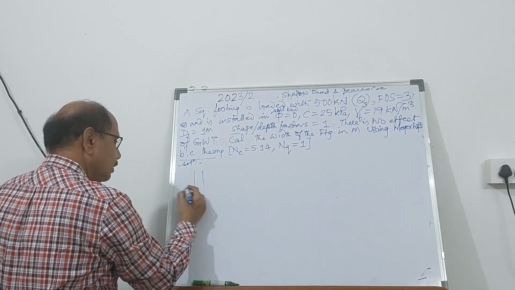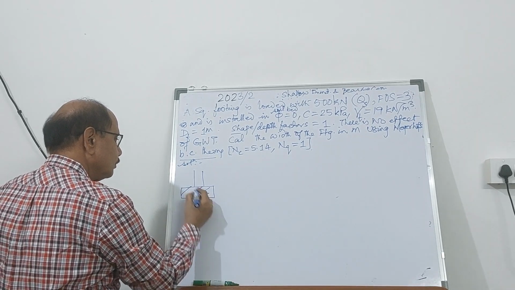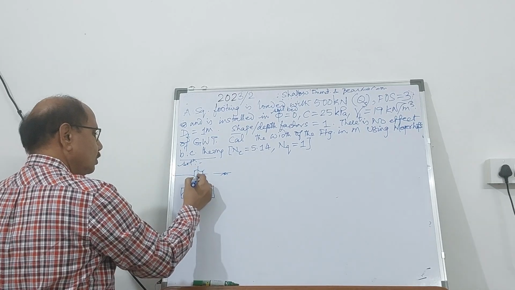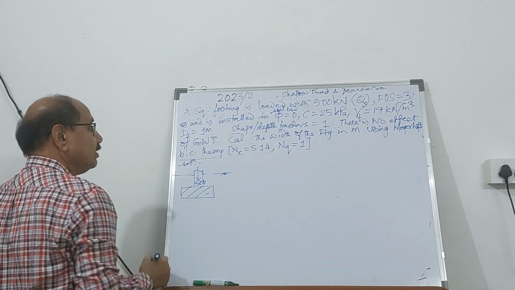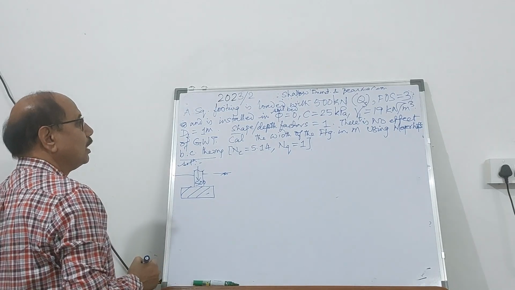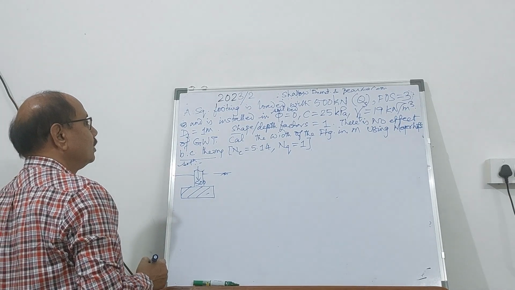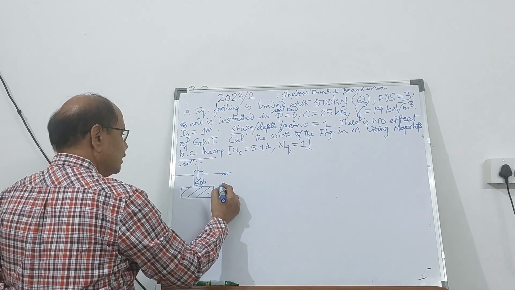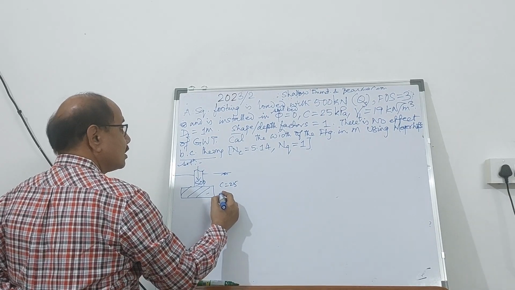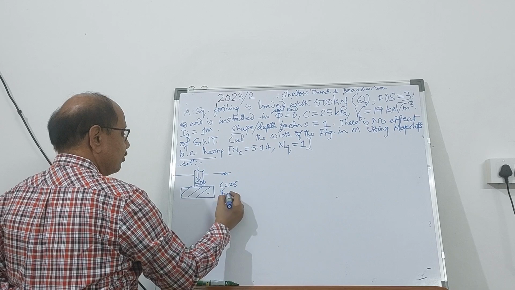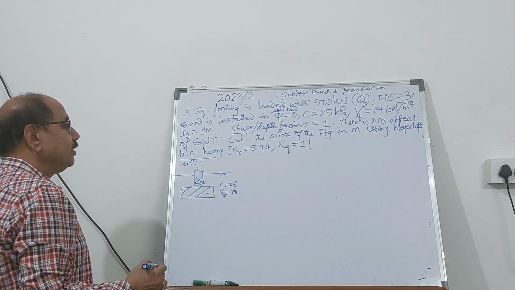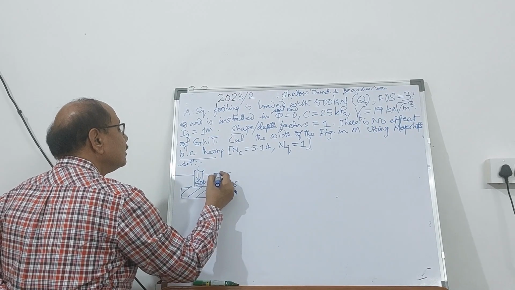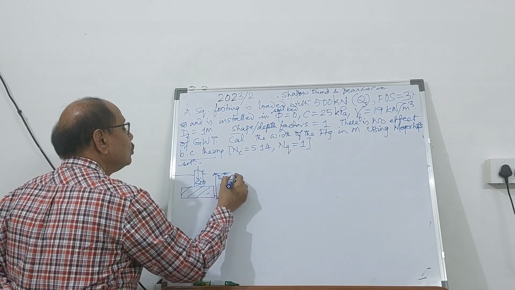You have a square footing embedded into the ground, and it is loaded with a load of 500 kilonewton, and the factor of safety is also given, and the value of C is given to you as 25 kilopascal, and gamma T is given to you as 19 kilonewton per cubic meter, and the depth of the footing from ground level up to here, the depth of the footing equal to 1 meter.